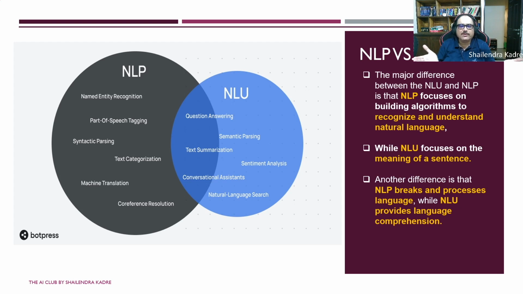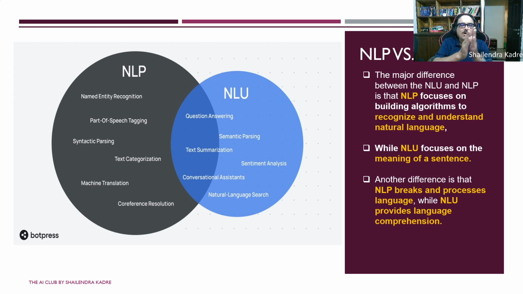Conversational assistants, like your chatbots or iPhone Siri, then you have Cortana, Google Assistant, and Amazon Assistant is also available. If you want to implement these kinds of things, first you should understand what is being spoken. Then only you can answer it or implement the task. So more language understanding is involved in NLU. And then natural language search, where more understanding is involved.